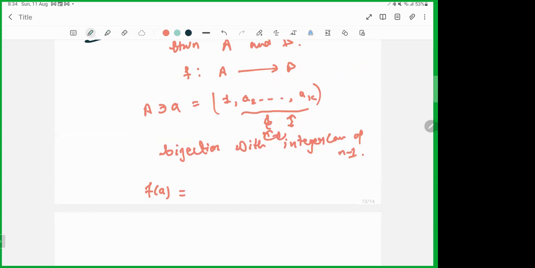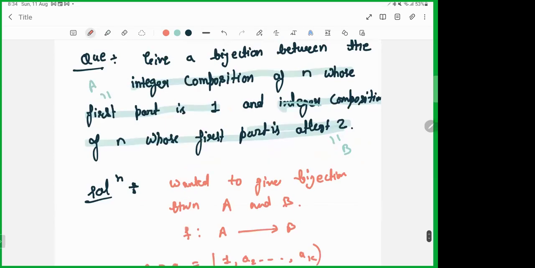if we say that in the first term, when we say that from the composition of n, we had shown that there is a bijection between compositions of n minus 1, because 1 was always the same.